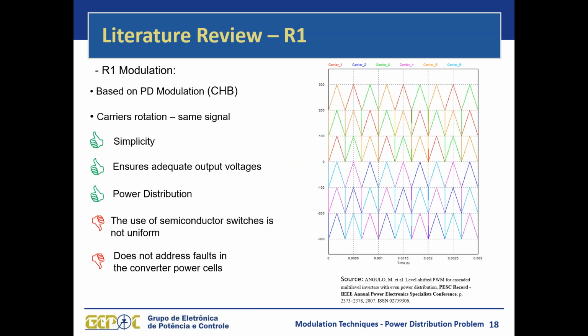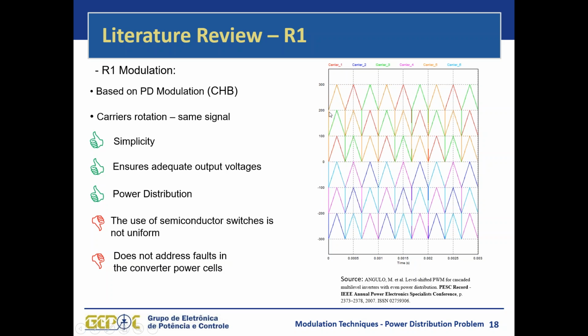So one of the works that have been presented is this one. So we have the reference paper here, in which we have these upper carriers, that you can see on the upper side of the figure, and we are rotating the carriers.